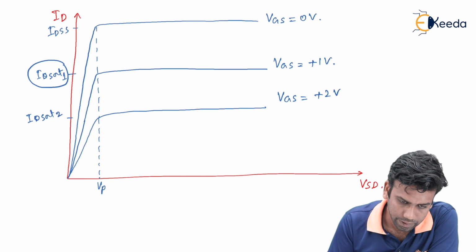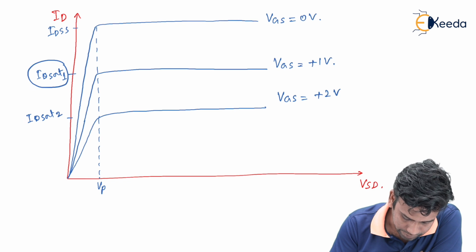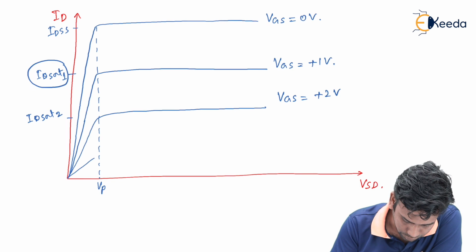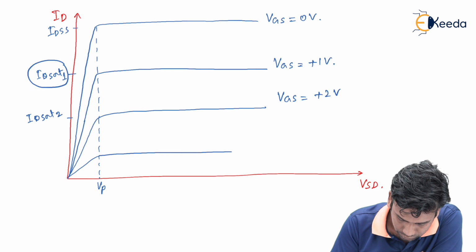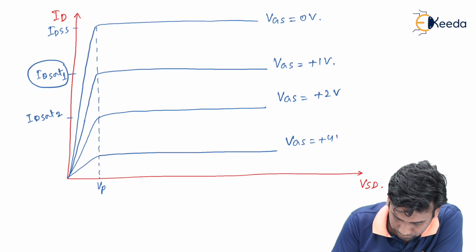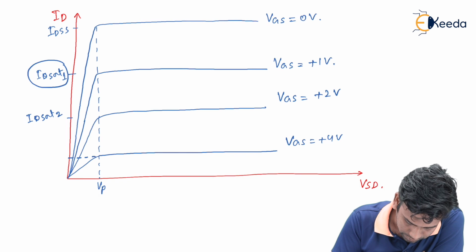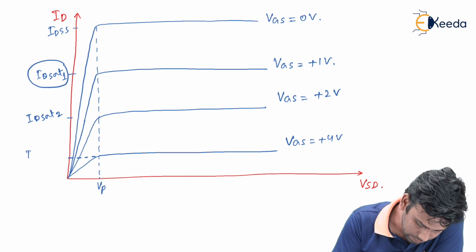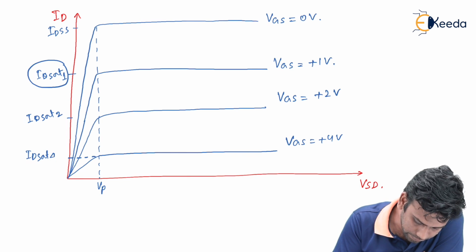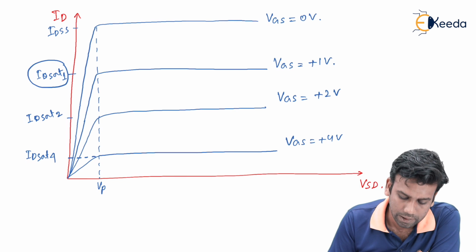In this way, if I make VGS equals to 4 volt, so this is the VGS equals to 4 volt and ID sat 4.